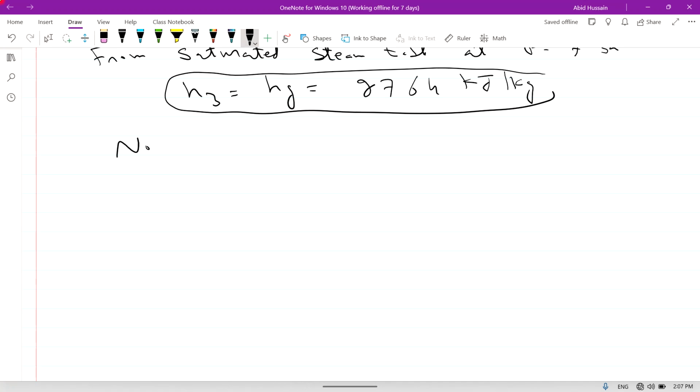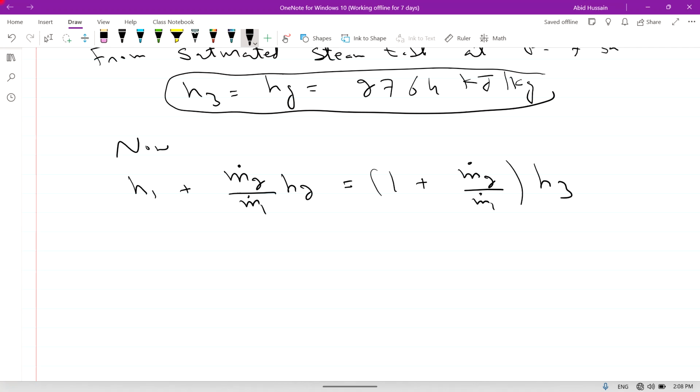Now equation number 2 is h1 plus m2 dot divided by m1 dot times h2 is equal to 1 plus m2 dot divided by m1 dot times h3. This is equation number 2.